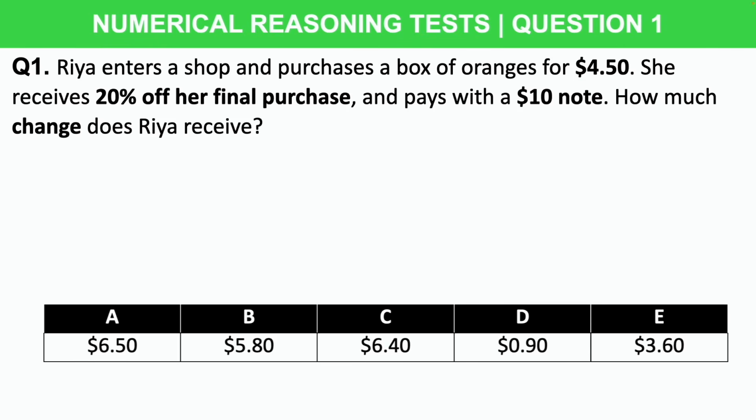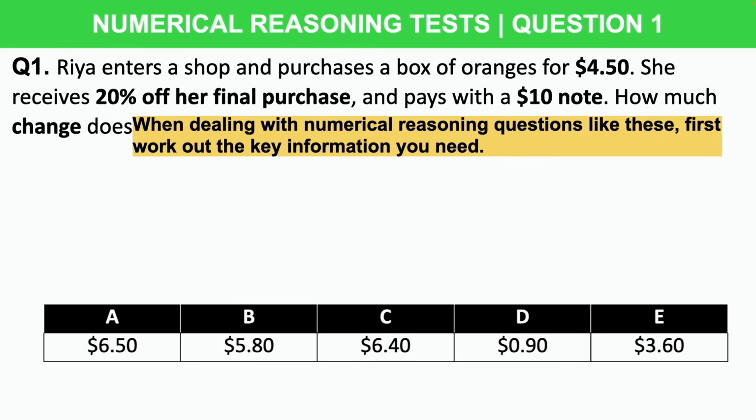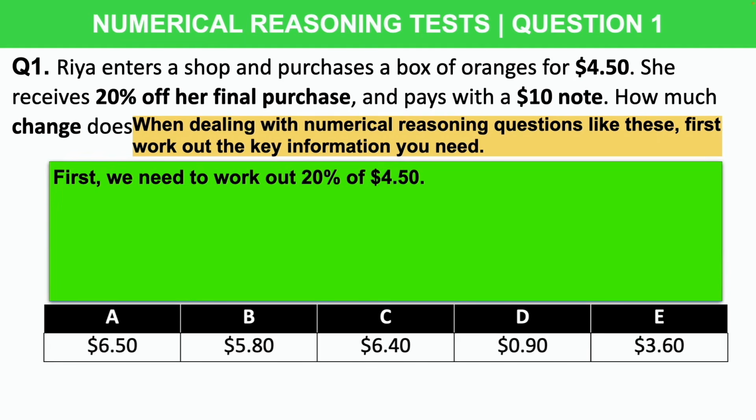Now, when dealing with numerical reasoning questions like these, we need to first work out the key information that you need. You will notice I have put the key information in bold. To work out this question, we just do a very simple process. First, we need to work out 20% of $4.50. To do this, we need to divide $4.50 by 100 and times it by 20 to work out what 20% of $4.50 is.